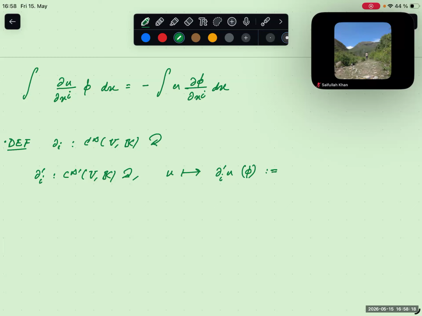How? You just try to imitate, because you know for the regular distribution this is true. Maybe like Dirac's idea, or I don't know whose idea, we just use this also for general distributions. So u.